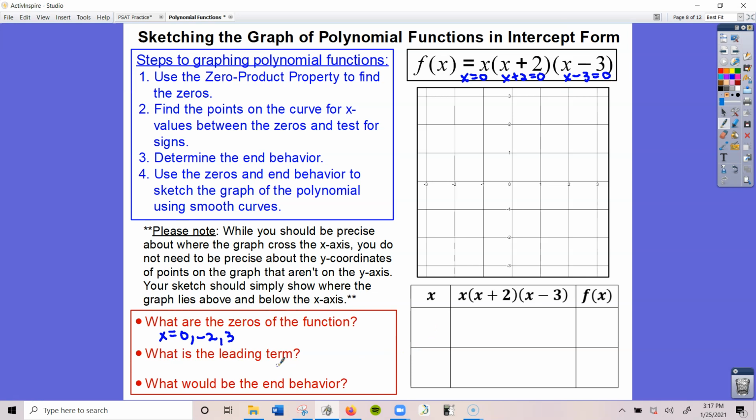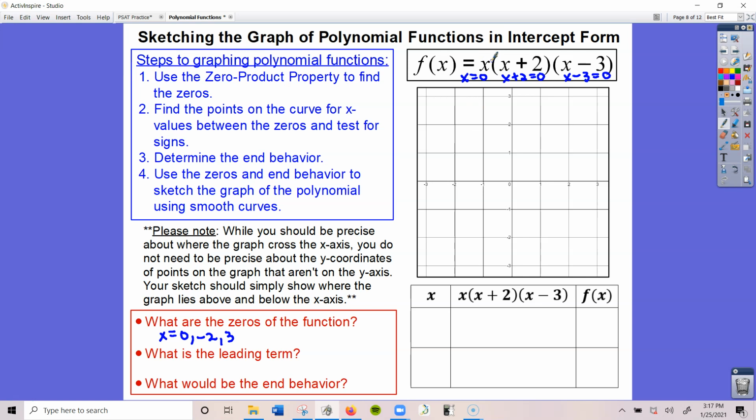Now to figure out the leading term of a polynomial that is factored, we could certainly do one of two things. We find the leading term when the polynomial is written in standard form, meaning from highest exponent to least. However, this is in factored form. You can either multiply everything out so you can find that leading term, but there's a shortcut.